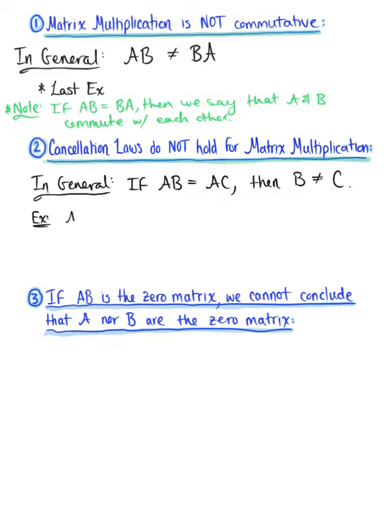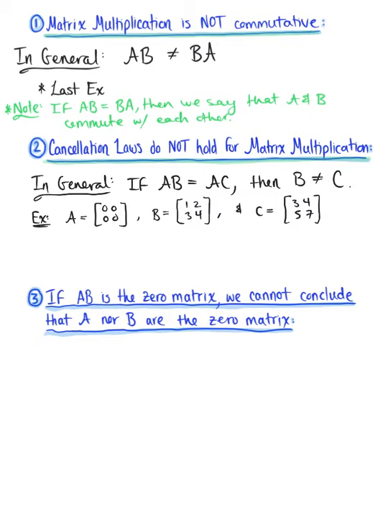Let's let matrix A be the zero matrix, and we'll do a 2 by 2 case. So matrix A is a 2 by 2 zero matrix. We have matrix B is a 2 by 2 matrix, 1, 2, 3, 4. And let's let matrix C be the matrix 3, 4, 5, 7.